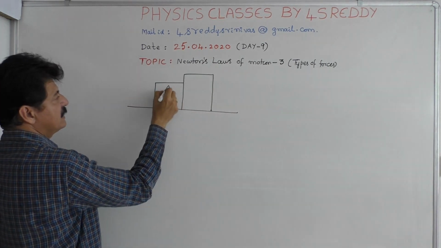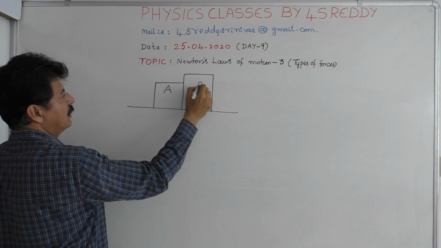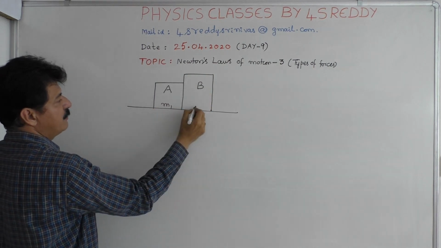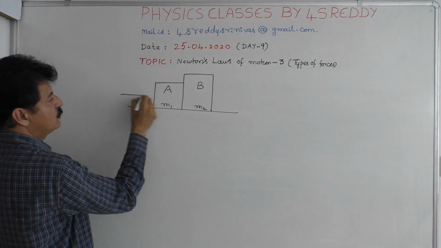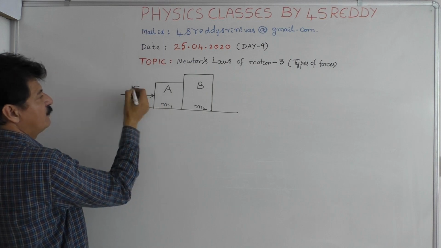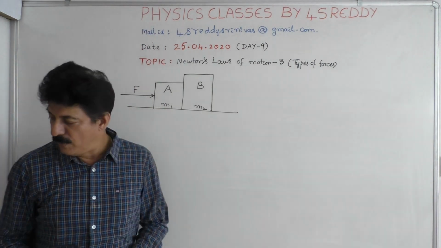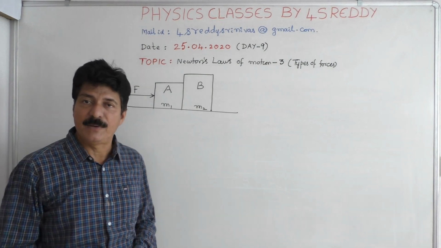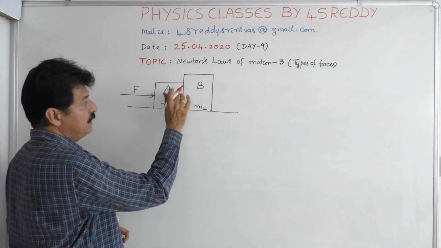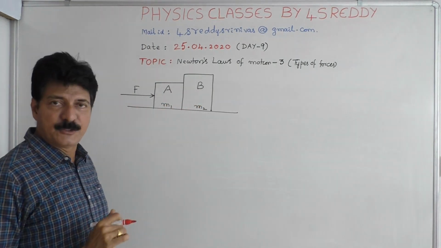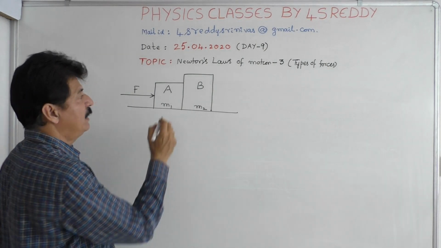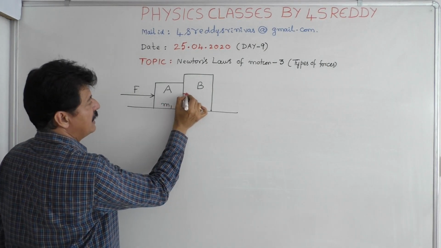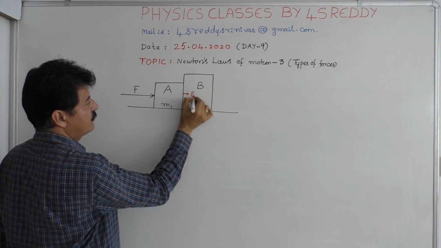Let us say this is A, this is B, having masses M1 and M2, and a force F is applied. Since these two are in contact at this place, there exists a force between them called the contact force, Fc.